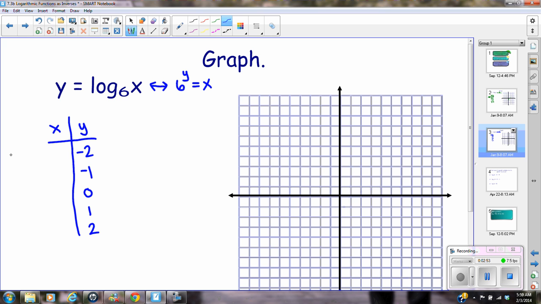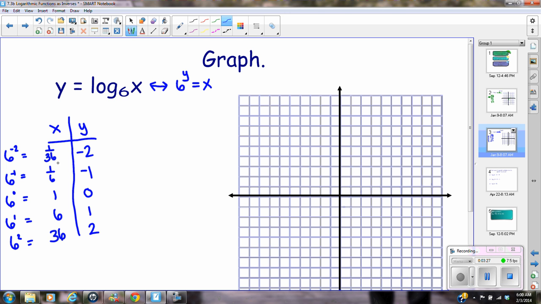So now I'm thinking 6 to the -2, which is 1/6 to the +2, which makes this 1/36. 6 to the -1 is 1/6 to the first, so just 1/6. 6 to the 0 we know is 1. 6 to the first is obviously 6, and then 6 to the second is 36.